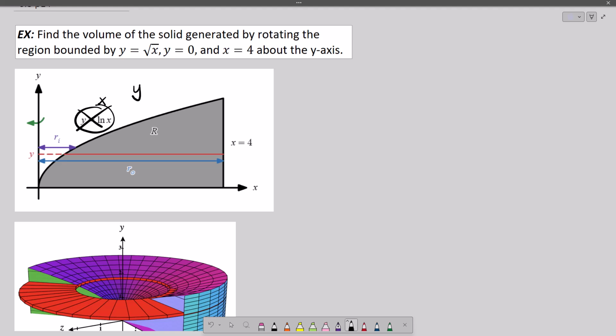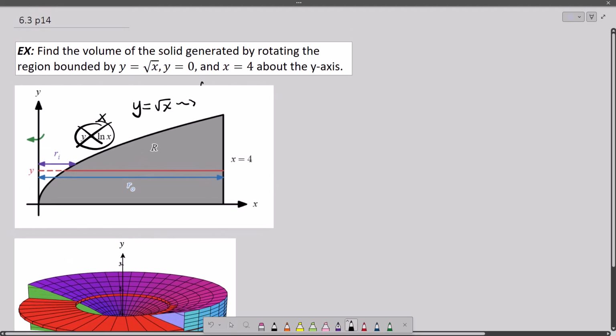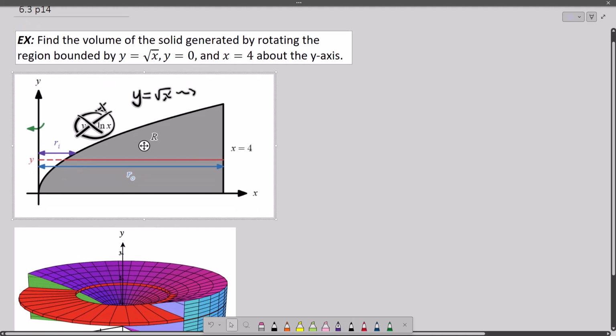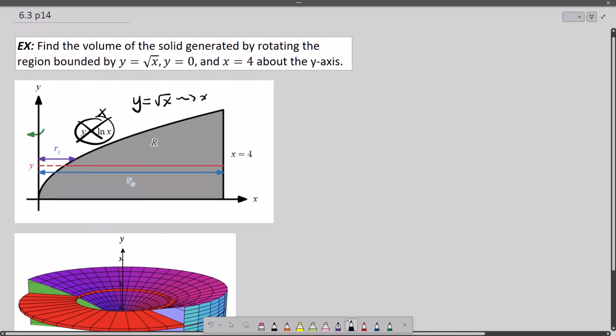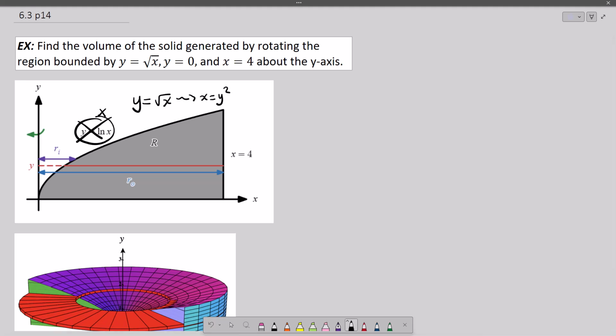So y equals square root of x. What do we get when we isolate x? Y squared. Thank you. So x equals y squared. And the other curve is already presented as an x value, so we're fine there. So the area of our cross section is still a washer. That hasn't changed at least.